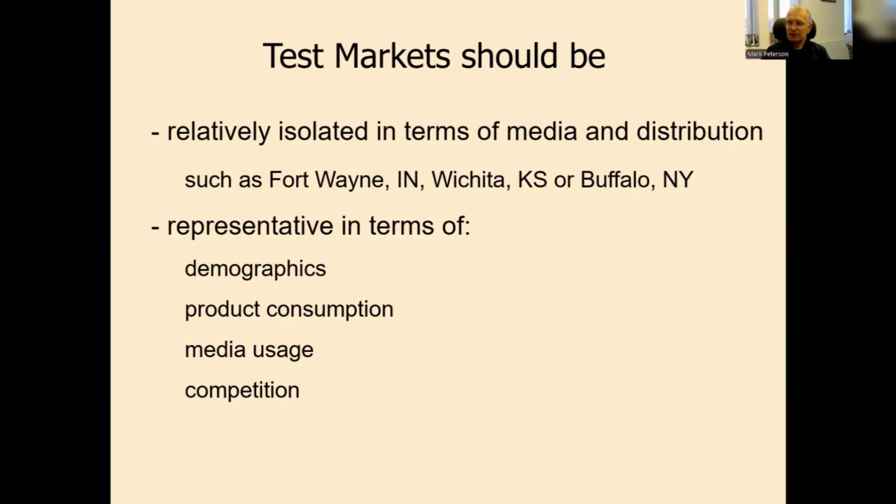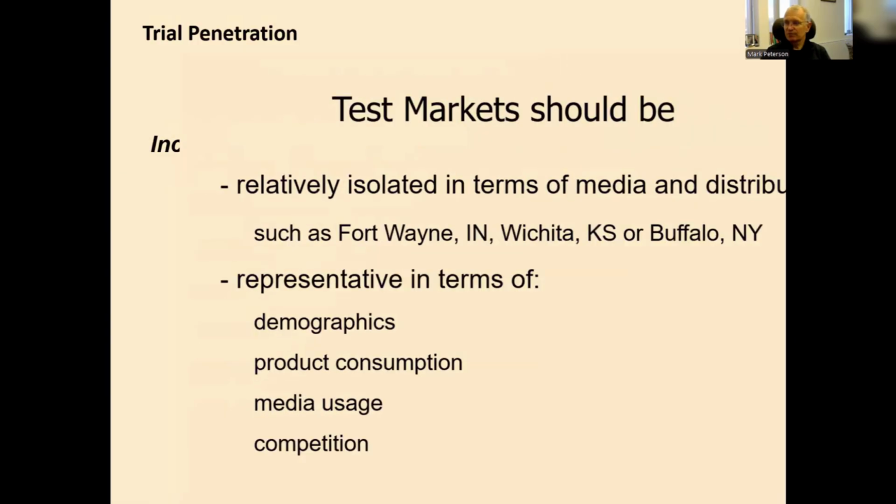And so a lot of times the brands, if they have a new product to be introduced, they'll do a soft rollout, maybe in a place like Fort Wayne or Wichita. And so what they're doing there is, if things look like they're working decently, they'll just continue to extend the rollout to different geographic markets because they don't want to be preempted by their competitors.